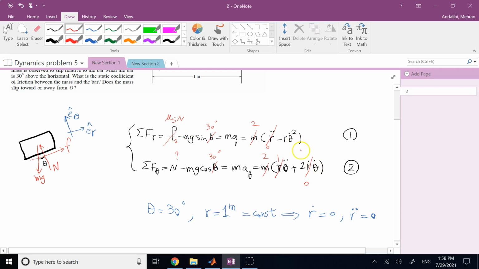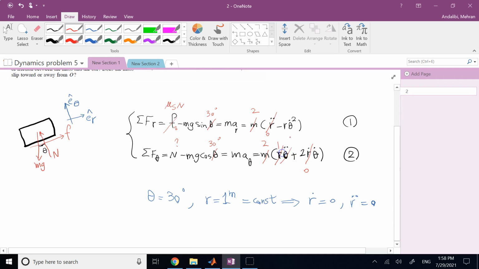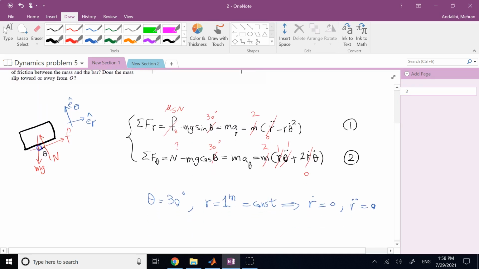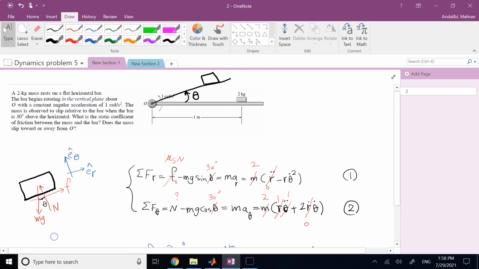The question is, how much is theta dot, how much is theta double dot? Theta double dot is given as constant 1. So this number is given, 1 counterclockwise. Good. But we also need theta dot. So here, since theta double dot is constant at 1 radians per second squared, you know when the angular acceleration is constant, the angular velocity is going to linearly change with time, but here we don't know what time it takes to go from 0 to 30 degrees.